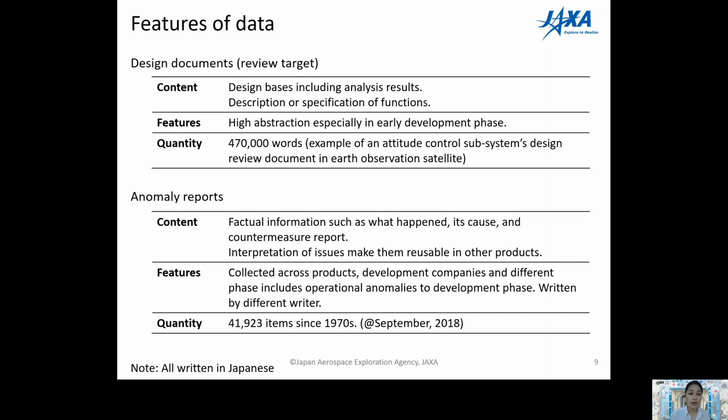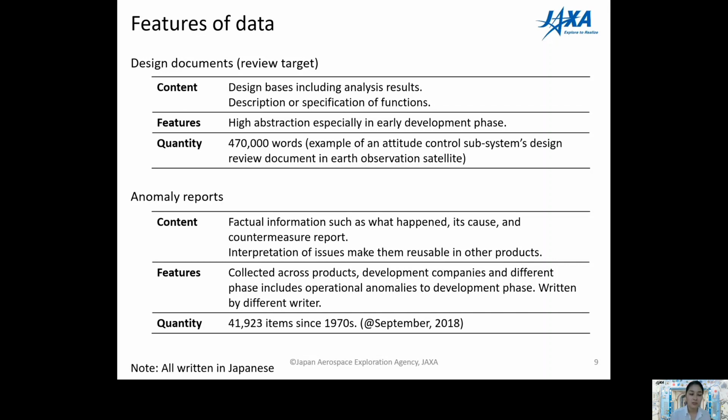In contrast, we have anomaly reports, and these are written really concretely. They represent factual information like what happened, its cause, and what was done to prevent them.